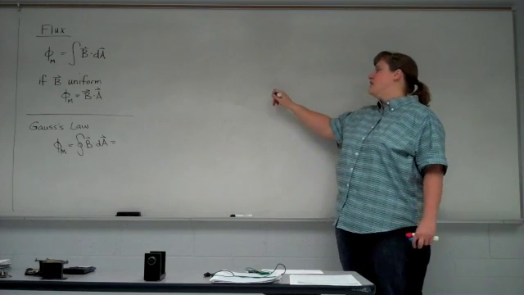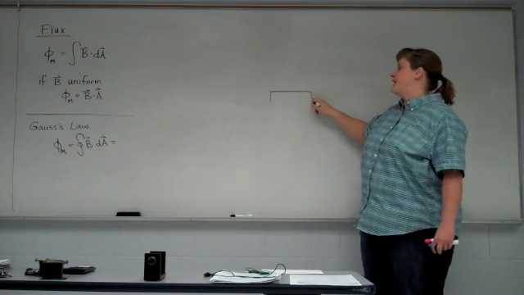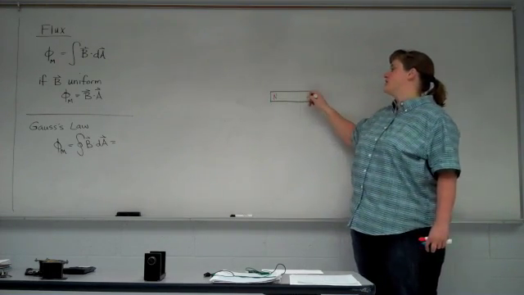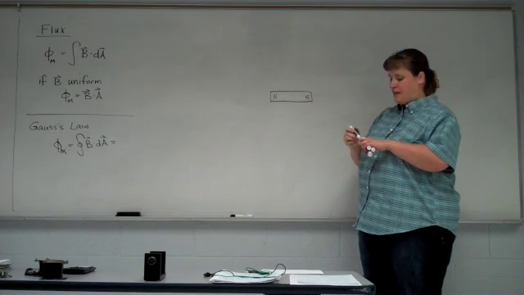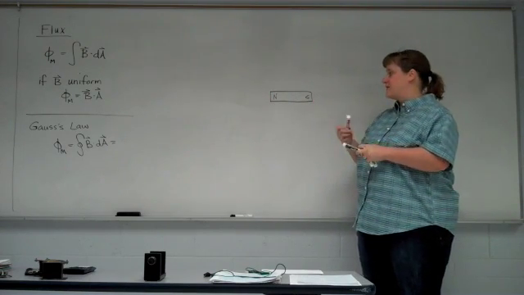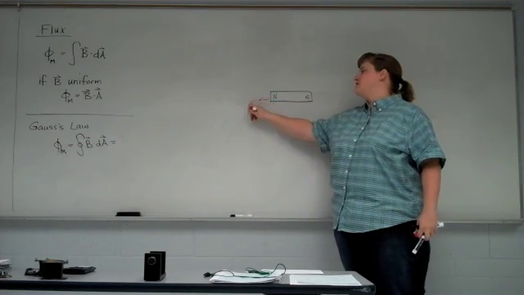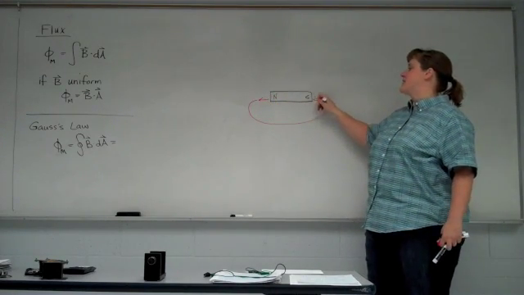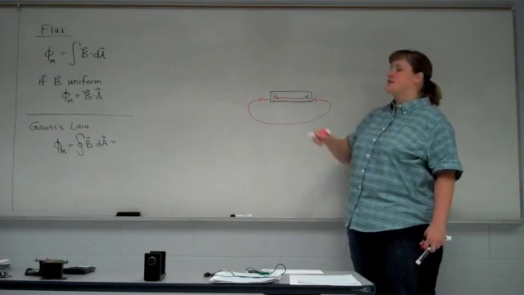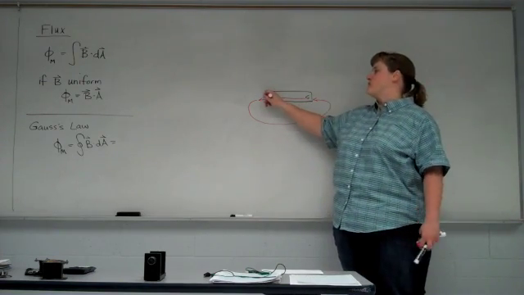The reason why? If we imagine, for example, we have a bar magnet, north and a south end, we know the magnetic field comes out of the north end, wraps around, goes into the south end, continues from south to north inside the magnet.